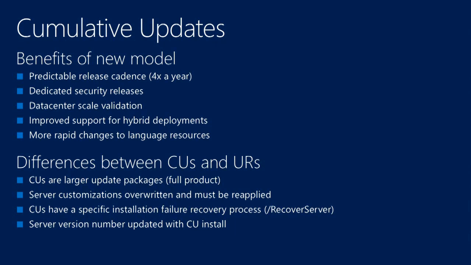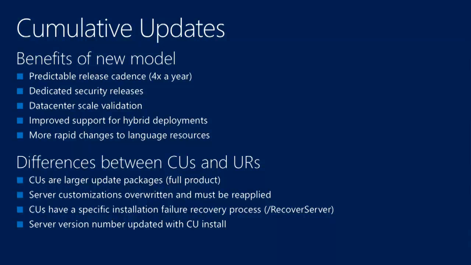Now, some of the downsides to this new model, and by that I mean moving from roll-up updates to cumulative updates: one of the downsides is because it's just like a service pack, that means some of the customizations you might do to your server would be lost. So in particular, things like your web.config files would be overwritten. Any other config files that you change inside of our bin folder, where you can manipulate the managed code services that we have, any of those changes that you make would get overridden by the next cumulative update.